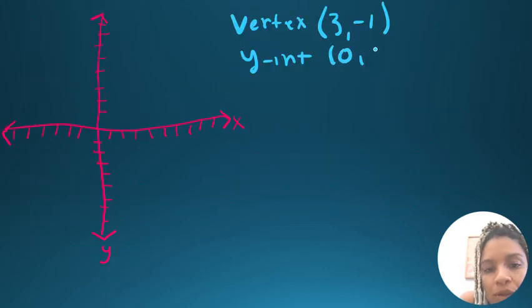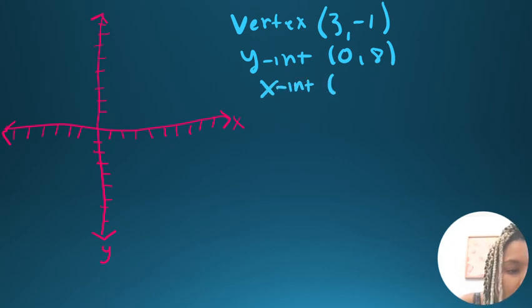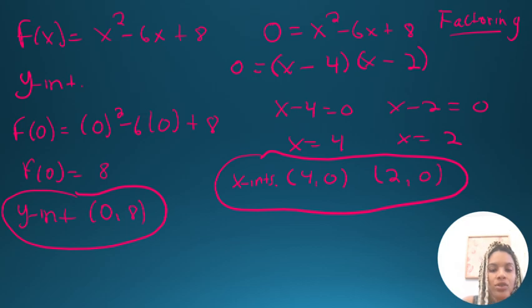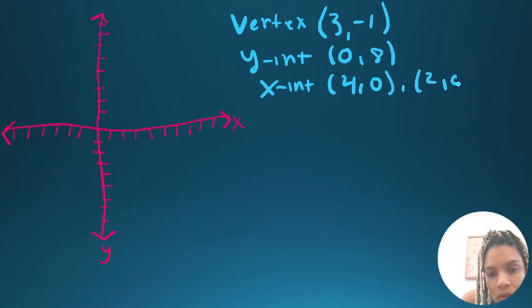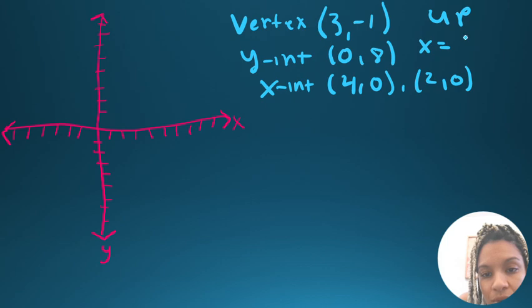I'm just putting all the information here so we know in order to graph. My x-intercepts, we had the points (4, 0) and (2, 0). We know that it's going to be concave up, and now you know that the axis of symmetry is x equals 3.